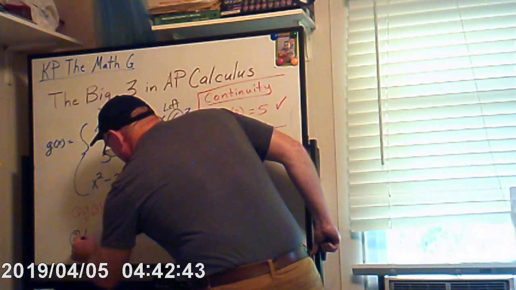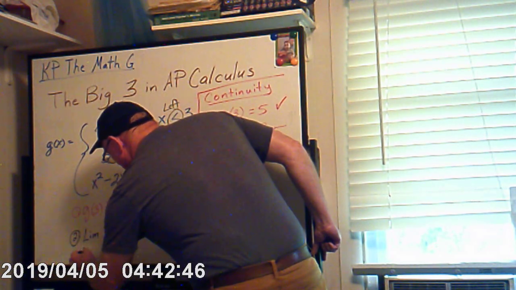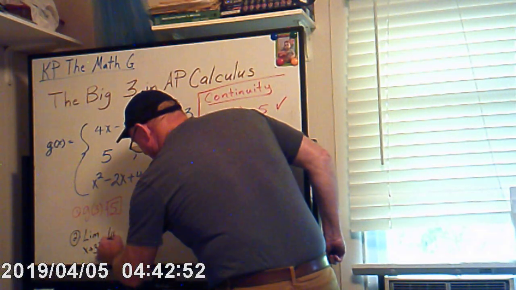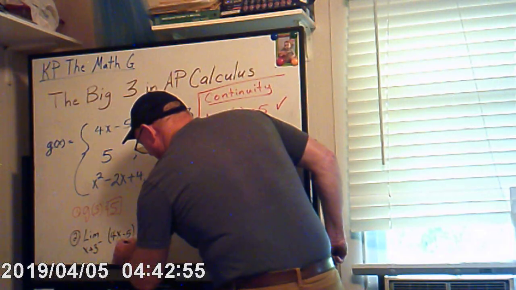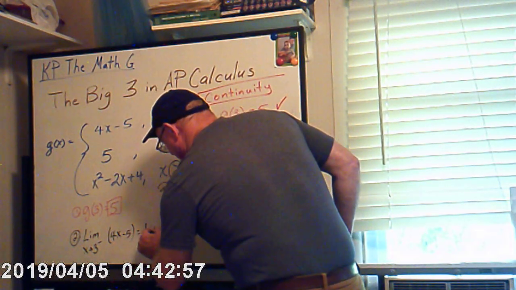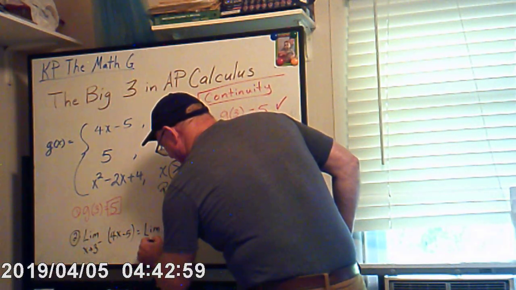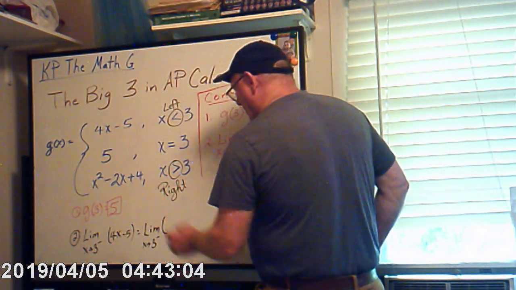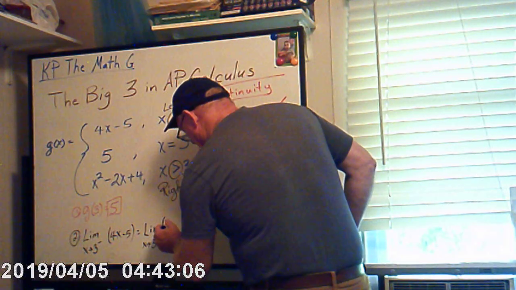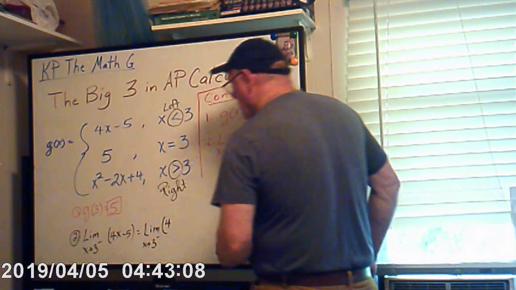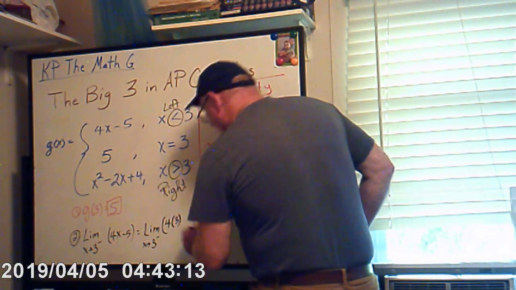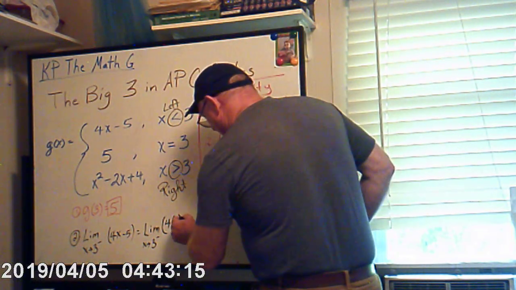The limit as x approaches 3 from the left of 4x minus 5 equals the limit as x approaches 3 from the left, 4 times 3 minus 5.